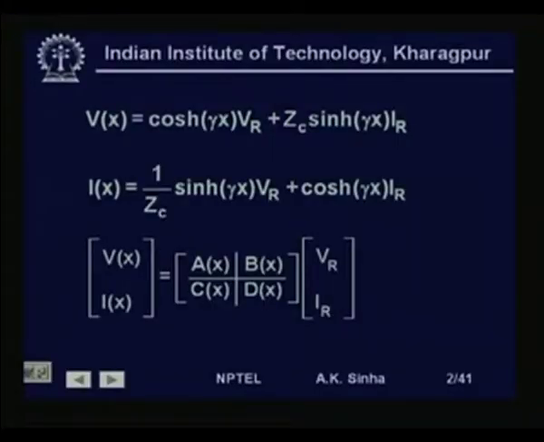As we see, these equations involve hyperbolic functions.